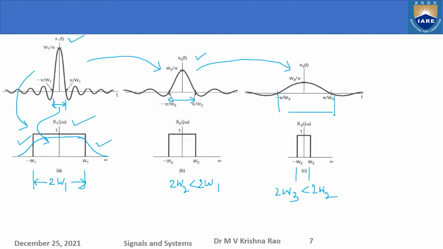As the pulse width, PW, has increased, the bandwidth has reduced here. So that is what we have in terms of frequency and time relations of these functions.